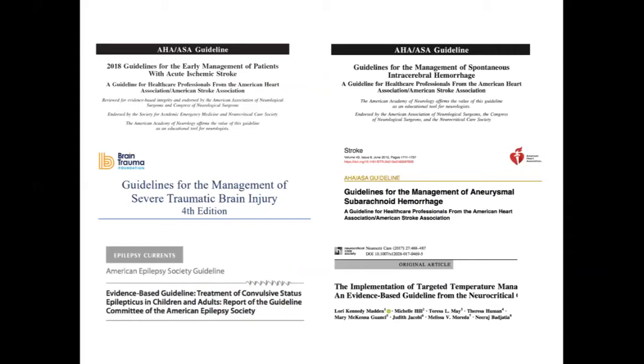Basically, for every condition we treat in the ICU, we have guidelines. They are built on evidence-based medicine, and for sure they are a good starting approach. But in many cases, they're not enough, because for many questions, we do not have evidence yet.